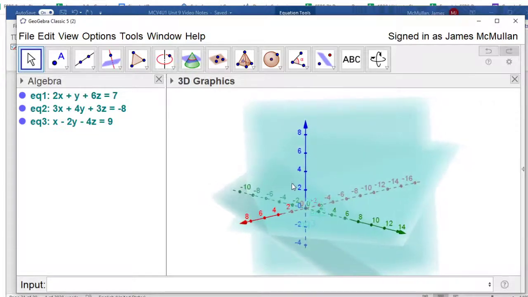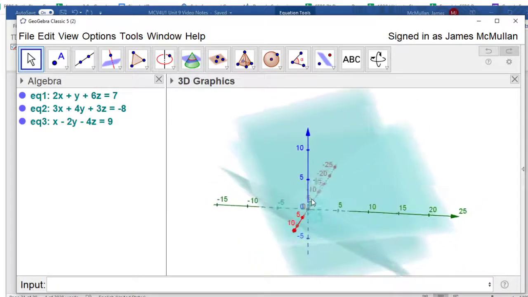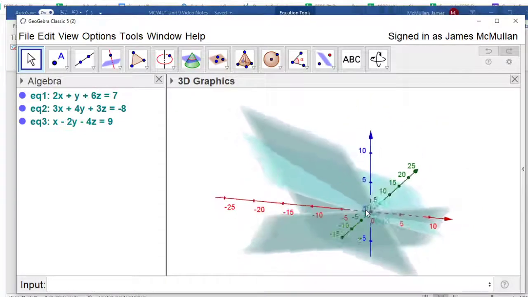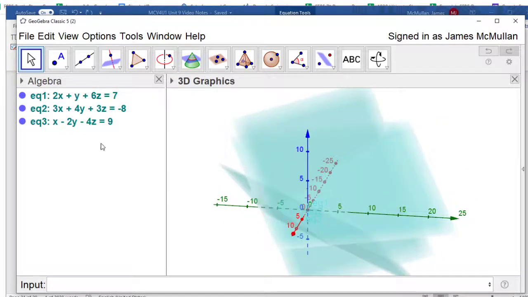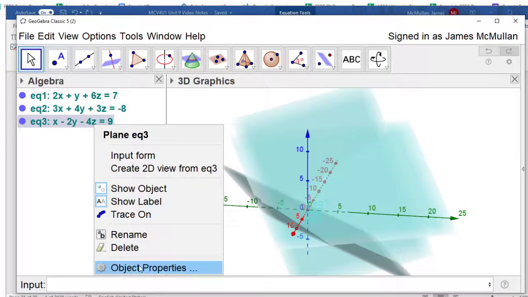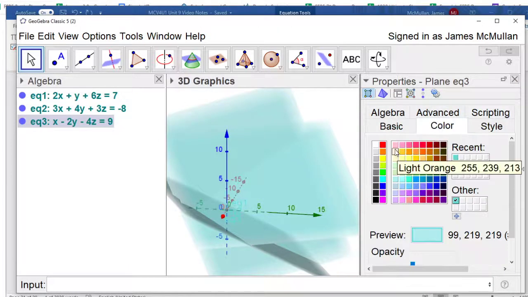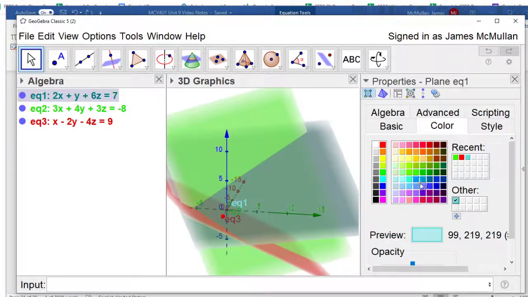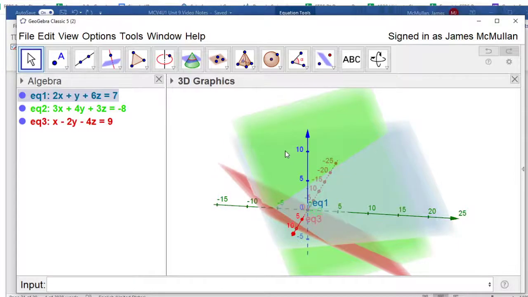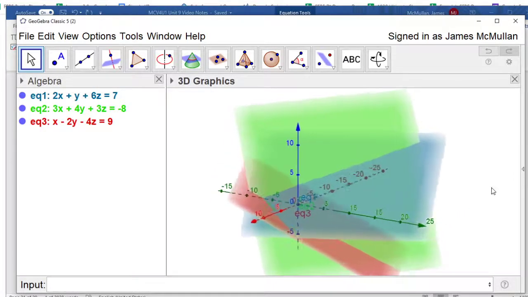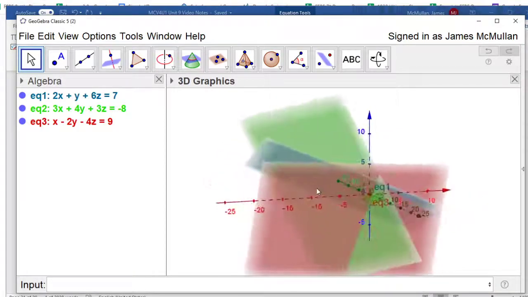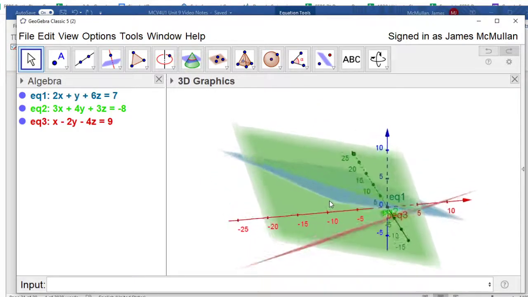And when we zoom out, we notice that there's a specific spot right in this corner. And again, it can be a bit difficult to see this. Okay, so again, blue meets green meets red at one specific spot, right?